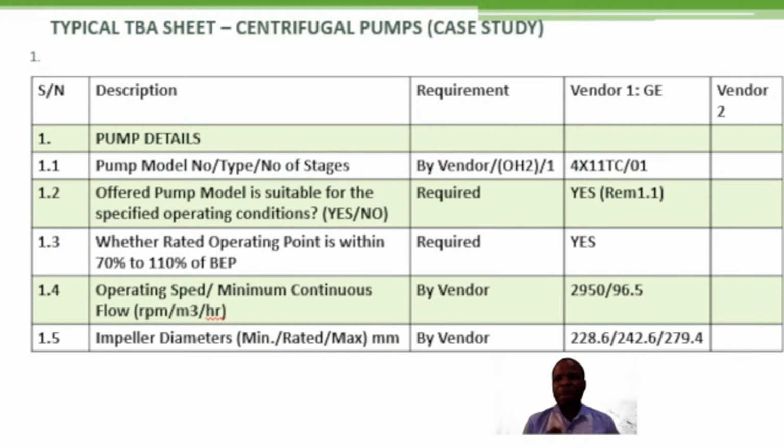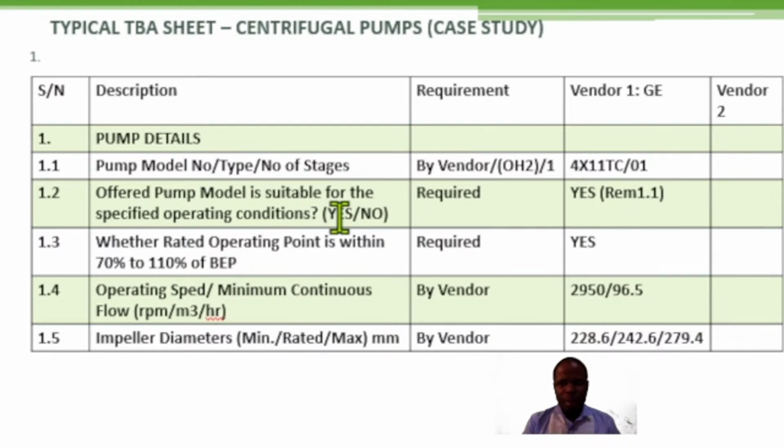So the manufacturer proposal must have included the power consumption curve, and the NPSHR curves. The NPSHR is the net positive suction head required, which is the pump characteristic, from the minimum continuous flow to end of curve.